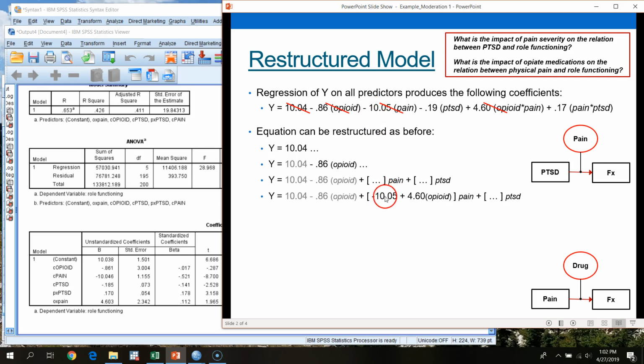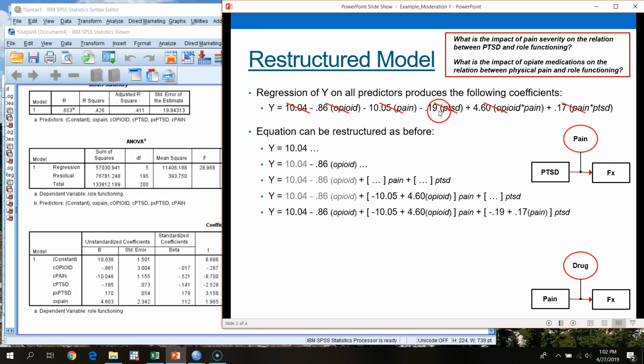So negative 10.05, the coefficient here, plus the coefficient for my opiate use times pain interaction. Now we've got pain over here, but that's involved in a different conditional effect. So we pull down the coefficient for pain and the coefficient for my interaction of opiate use and pain. So we've got those taken care of.